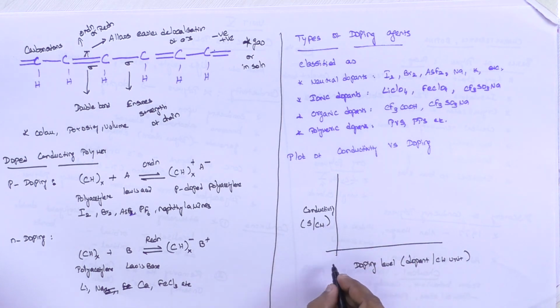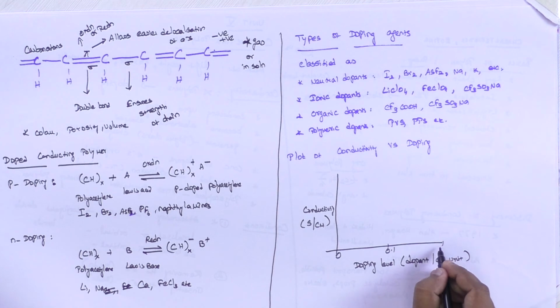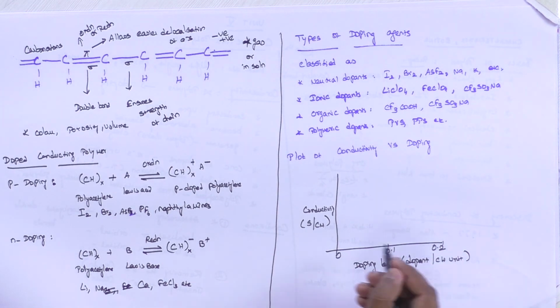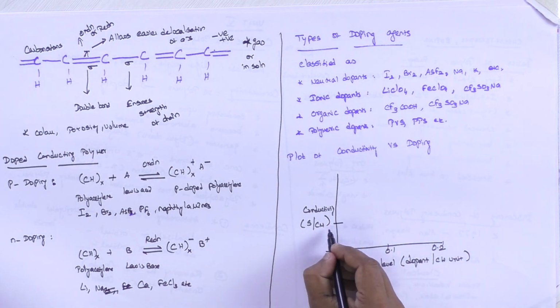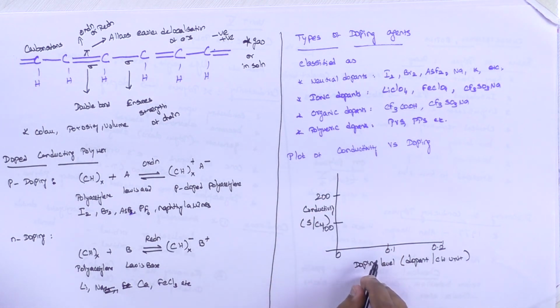Here I am giving 0, 0.1, and 0.2, and here conductivity from 100, 200 and so on. So, we will be having a graph like this.